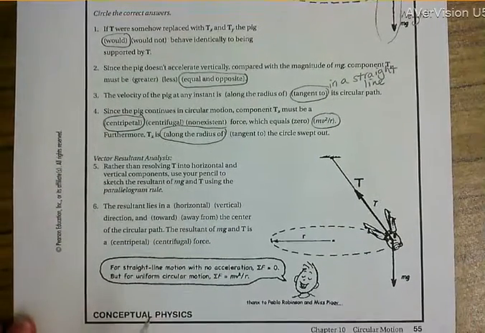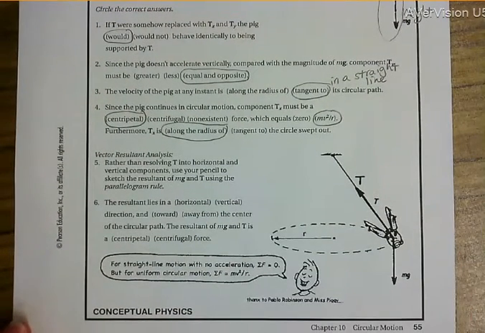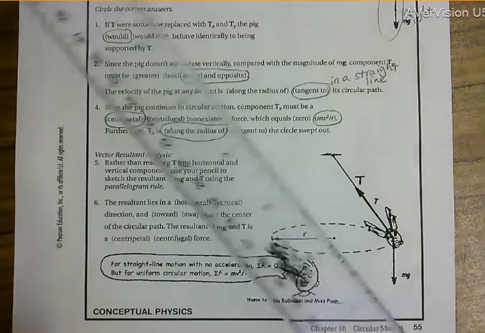Vector resultant analysis. Rather than resolving T into horizontal and vertical components, use your pencil to sketch the resultant of mg and tension using the parallelogram rule.